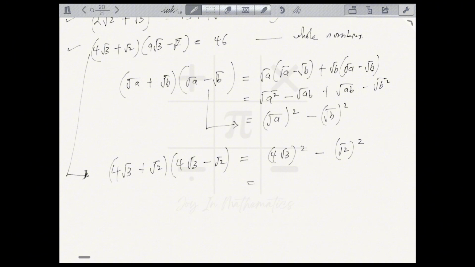And 4 root 3 squared will be 4 squared times root 3 squared, applying the laws of indices, and this will give us root 2 squared, just as it is. So this will give us 16 multiplied by 3 minus 2. So this is 48 minus 2, which equals 46. Now we can see how short it is.